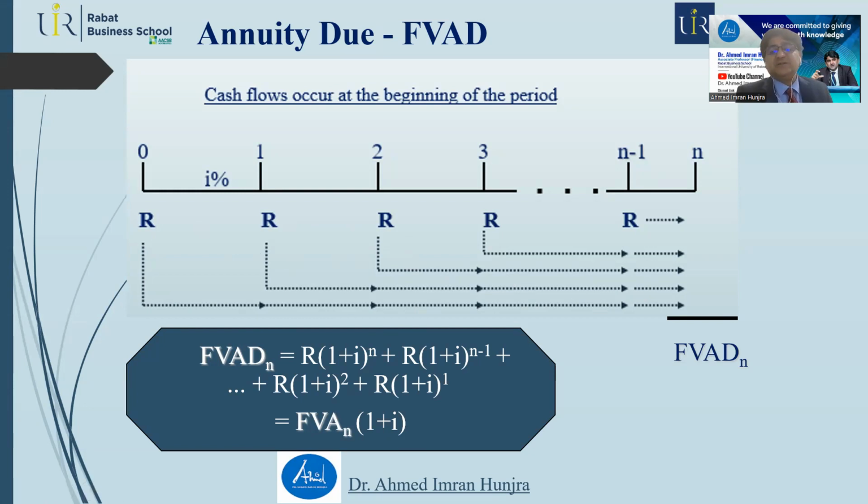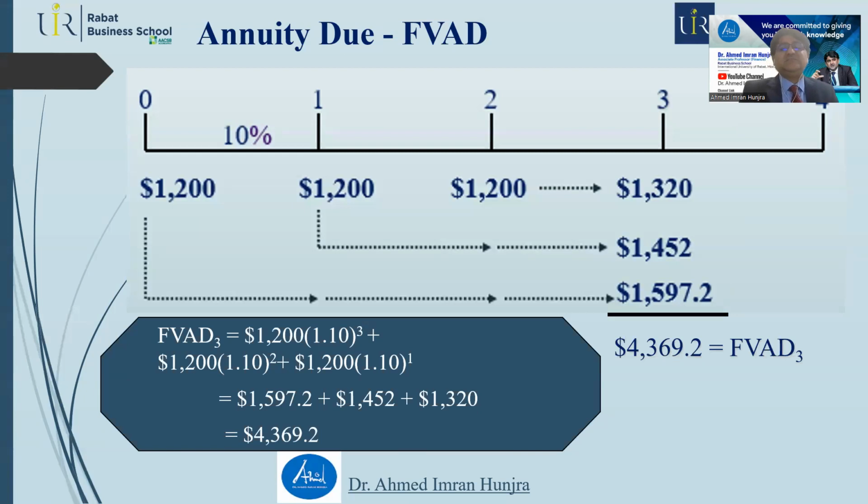Why should it be 1? Because the last cash flow payment is made at the start, which means it is invested for one time period. So here we can solve the same question. We have 1200, a series of equal payments at the rate of 10% for 3 years, but the payments are made at the start of each time period.